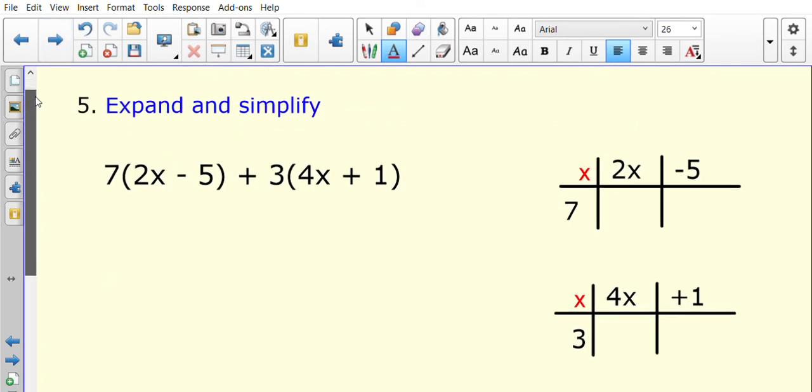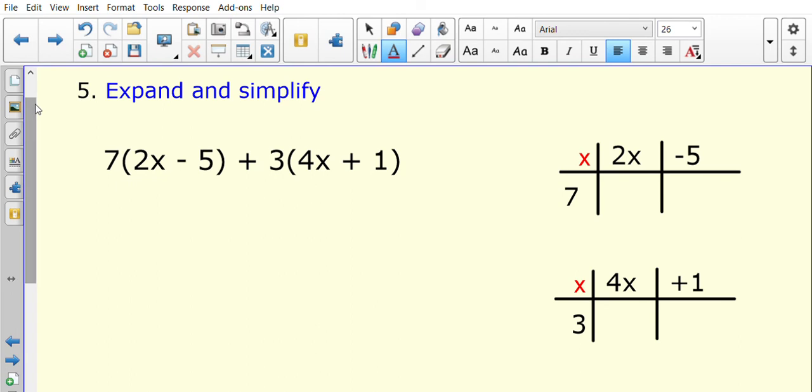You'll notice this question is slightly different to the previous ones, and that's because we have 2 brackets in this question. So what we have to do is deal with the brackets separately. And you'll notice I've already got my table set up. So it's 7 times the first bracket and then 3 times the second bracket.